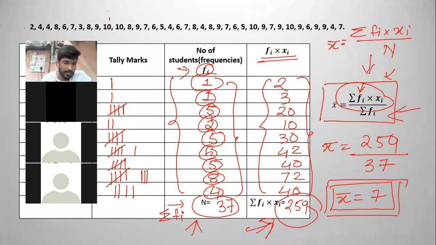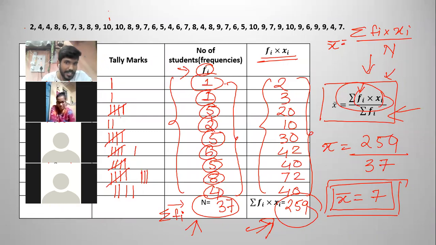Sir, you just divided 259 and 37, but the formula says frequency and 37 upon frequency. The formula says this portion, f into x. Frequency is added, then 37 comes, no? Yes.